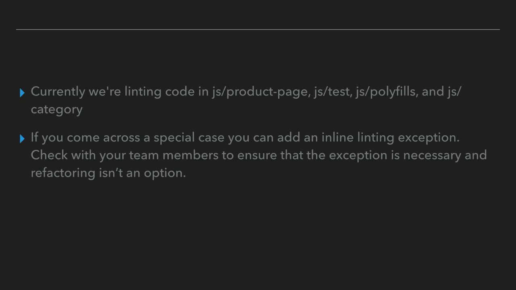So you can put little inline comments, which basically say ESLint, disable this rule or adjust the rule to fit your scenario. Oftentimes you don't have to do that. You can ask somebody and they might be able to help you refactor the code to get it to pass, but there are certain scenarios where you just need to disable the rule, and there's all kinds of customization. You can disable it for just that line even. ESLint's pretty customizable.